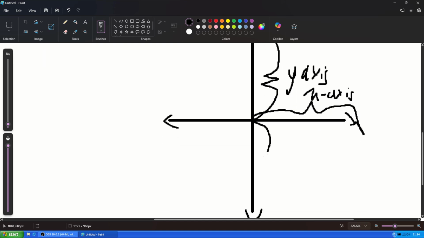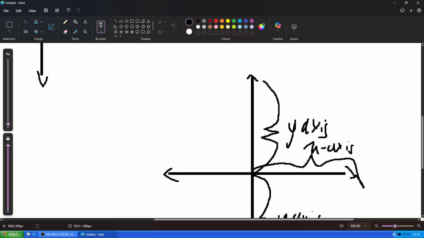Then from 0 to negative infinity on this part is the negative y-axis. And once again, here, this will be our negative x-axis, so it's from 0 to negative infinity. I mean, so far so good, I think. But now here's where it gets tricky.